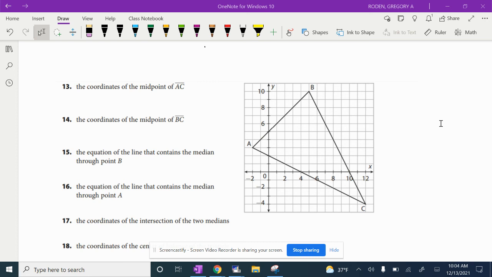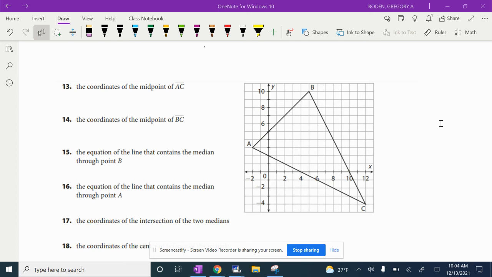Everyone write this down if you don't have it. Rachel, I'm going to have you say that nice and slow, because if you don't have it, you need to know what a median is. So get it in your notes. If it's not in your notes right now, I want everyone to write the word median. Median of a triangle. Okay? I'm not talking median of a set of numbers, okay? But it kind of is like connected to it a little bit. All right.